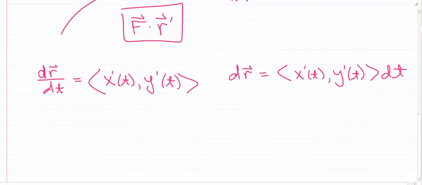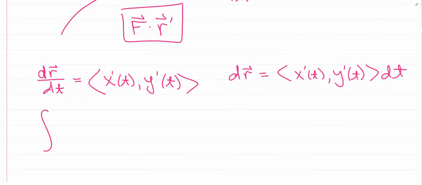Well, what we would be adding up would be this: we have a curve, and we're going to take the vector field dot dr. And this is a line integral represented for a vector field.